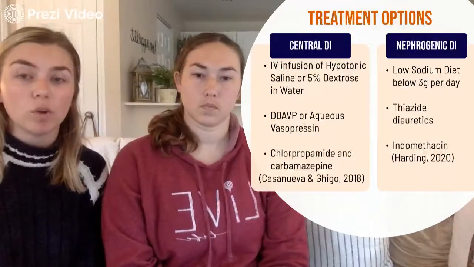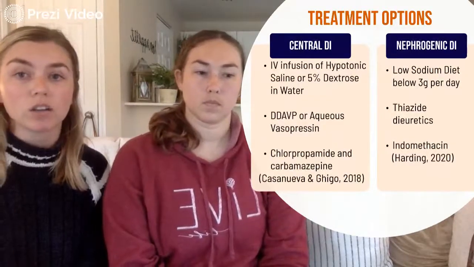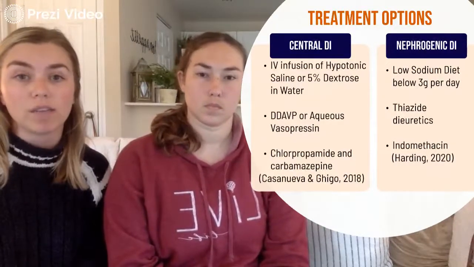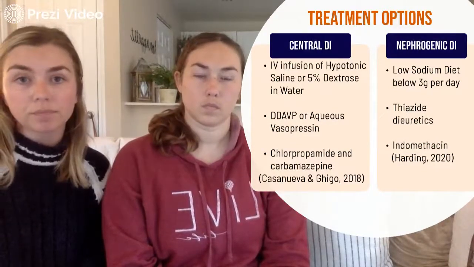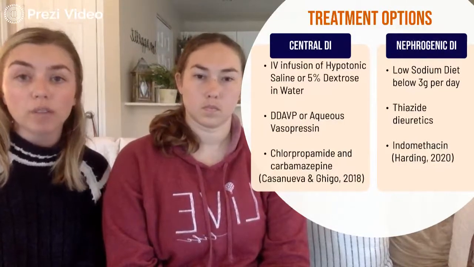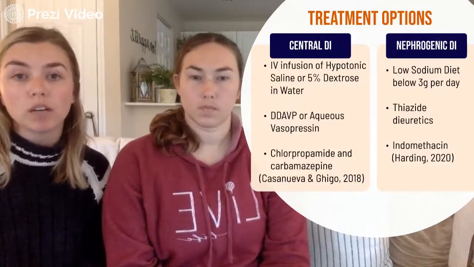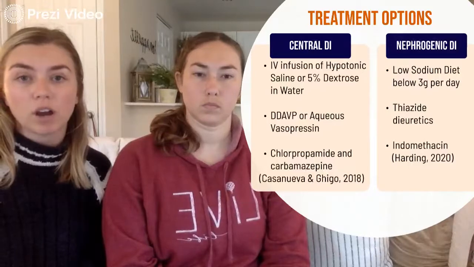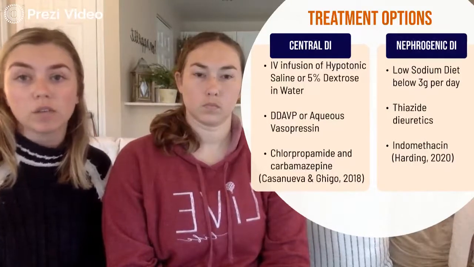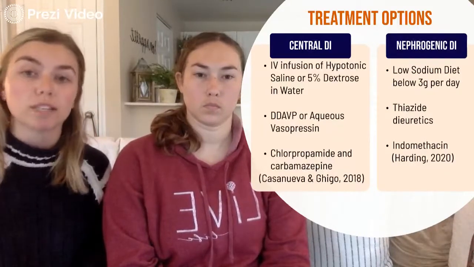However, if that's not available or the patient has any contraindications with DDAVP, you can also use aqueous vasopressin as another analog. Those are more the treatment options, and then you can also potentially prescribe the patient clofibrate or carbamazepine because those will help treat the symptom of excessive thirst.